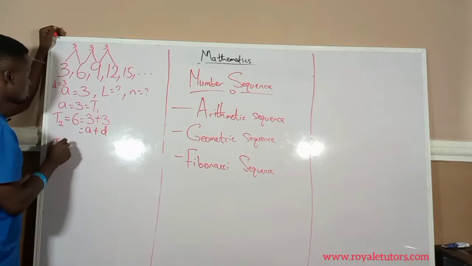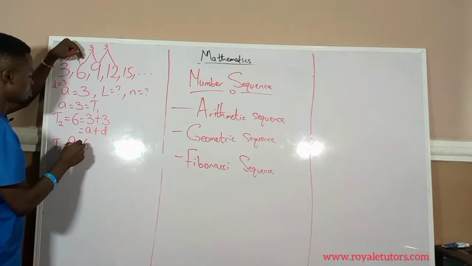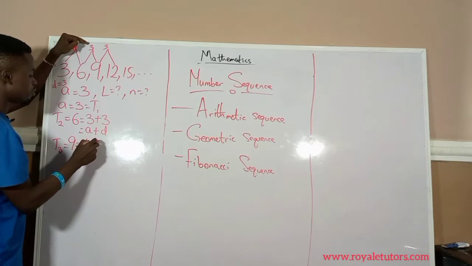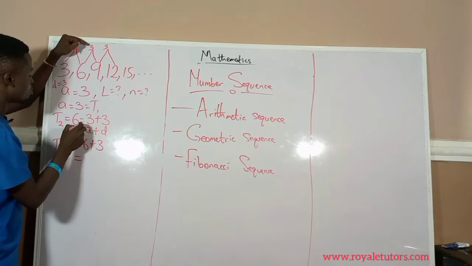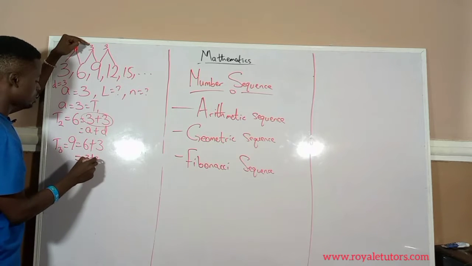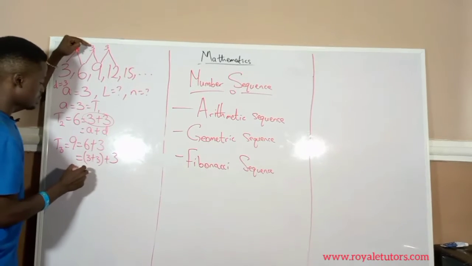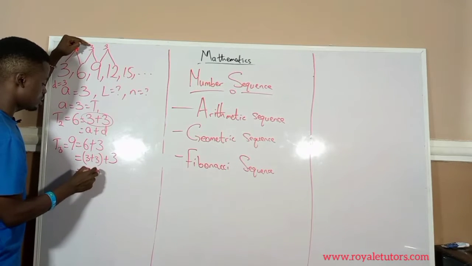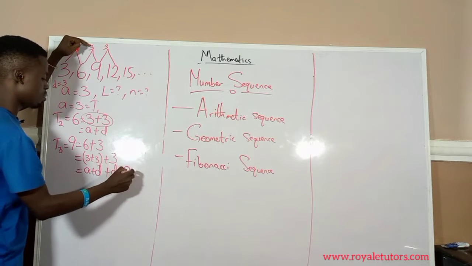Third term, which is 9, can be written as the previous term plus the common difference, 6 plus 3. And don't forget, we've broken down 6 to give us 3 plus 3. So you have 3 plus 3 plus 3. Now we notice that this is the first term, this is the common difference, while this is also the common difference. So this is going to give us a plus 2d.